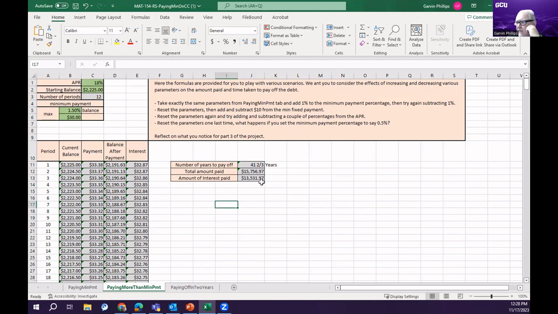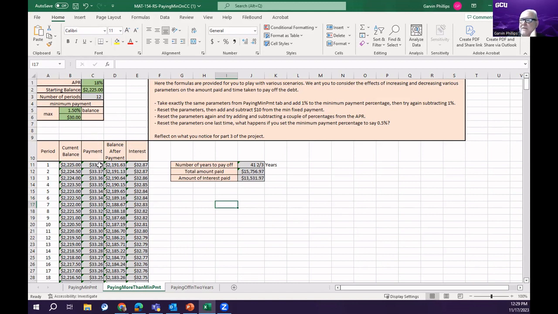But you'll notice that originally it was a little bit over $2,000. My total to pay it off in over 41 years is over $15,000. My interest that I'm paying is over $13,000. So this minimum balance going down is really meaning I pay longer, I pay more, and I pay a lot more in interest.